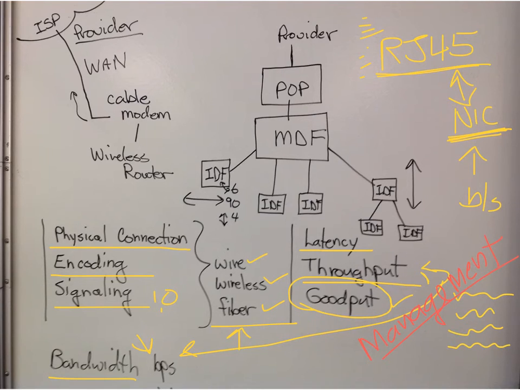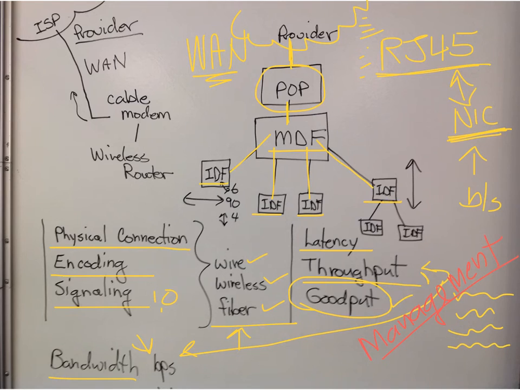Last thing we need to cover here. What is this diagram up here? You have some provider that you're going to connect to get, let's say, WAN connections. So then we have the point of presence where we connect to them. And then in your facility, they typically have a main distribution facility that is used to distribute all the traffic out to intermediate distribution facilities.